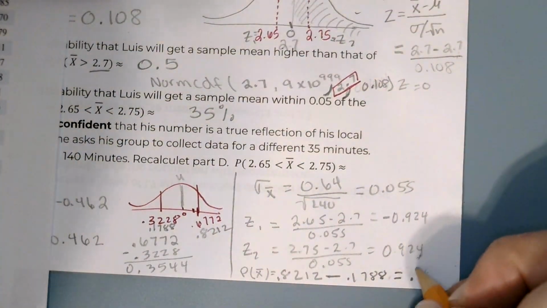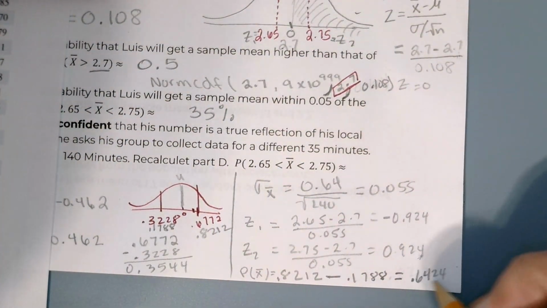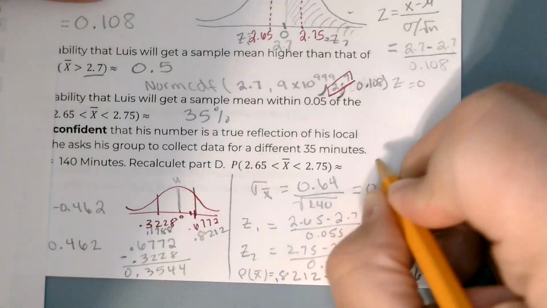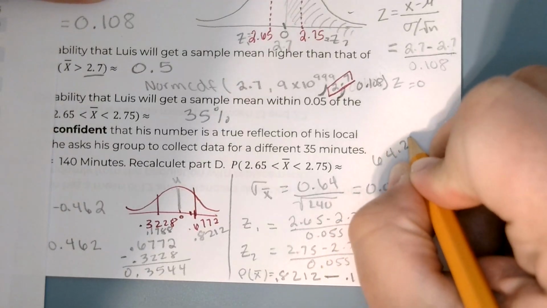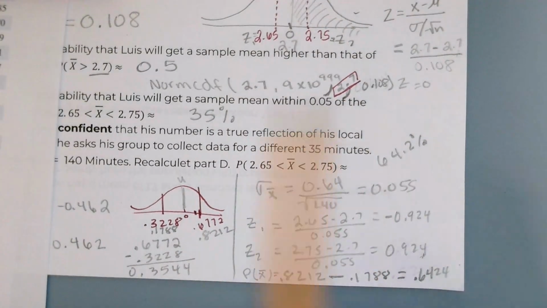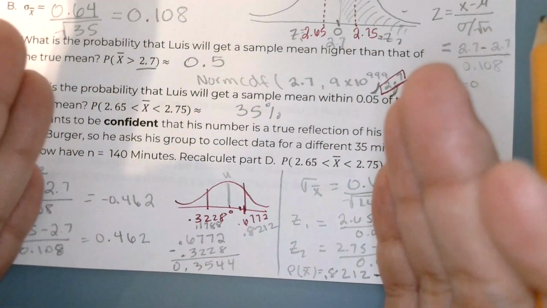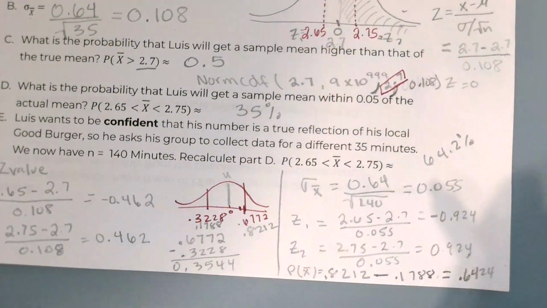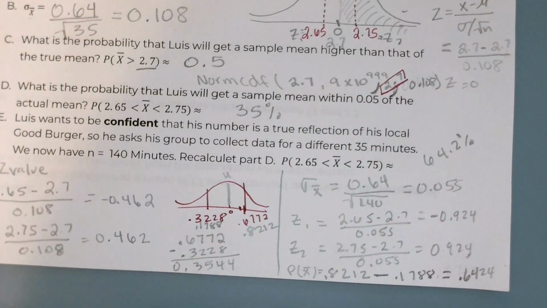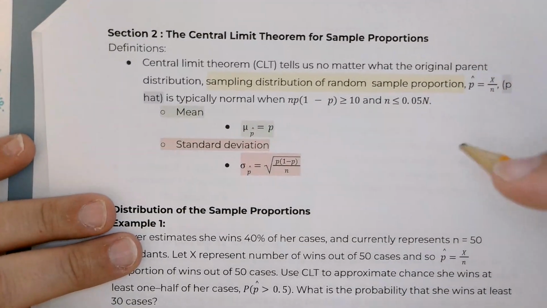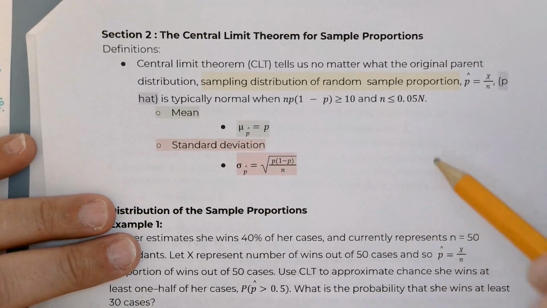It gives me 0.6424 or 64.2% chance. That is way better than my other one. So you can see that that larger sample size changed the answer tremendously.